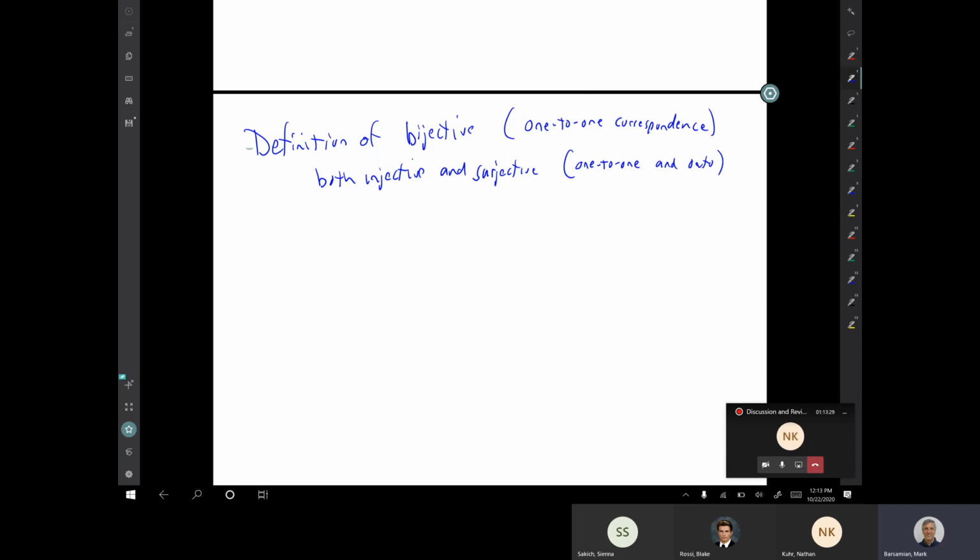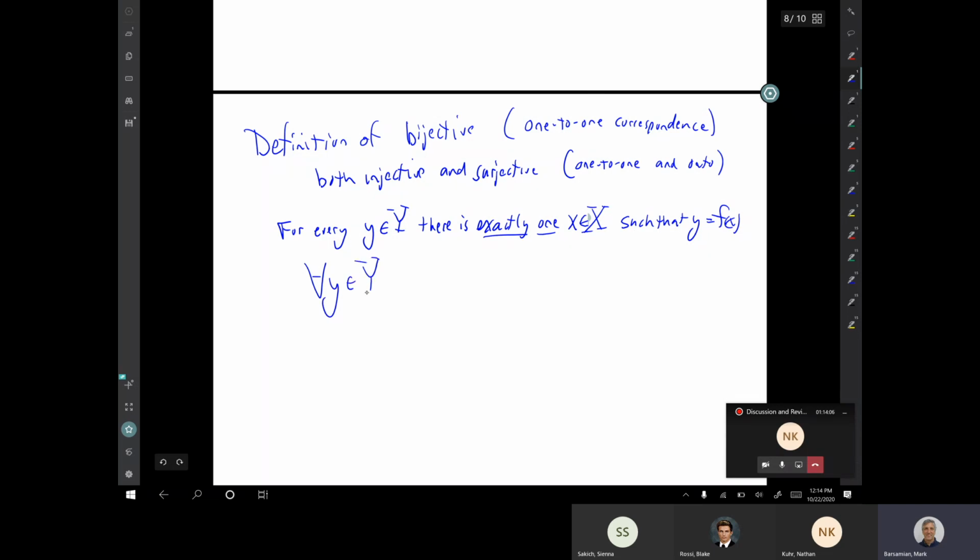And that is this: for every y in set capital Y, there's exactly one x in set capital X such that y equals f of x. And so in terms of the quantifiers, for every little y in set capital Y, there exists, you put the exclamation point, there's exactly one x in set capital X such that y equals f of x.